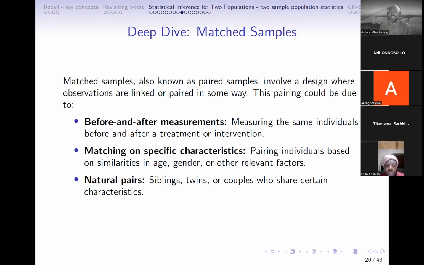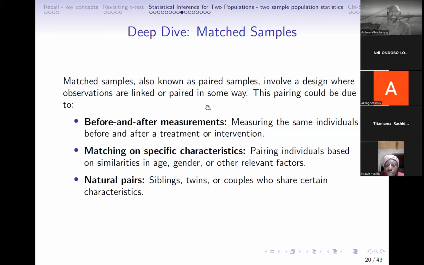Different from that case, you might want to match on a specific characteristic, such as if you pair the individuals based on similarities in age, in gender, or other relevant factors, you would still have a matched sample, because you would have the same group with certain characteristics in one, and then another group with certain characteristics.